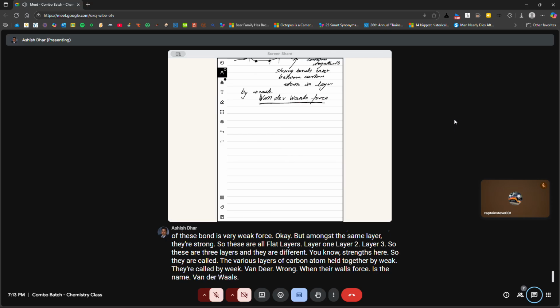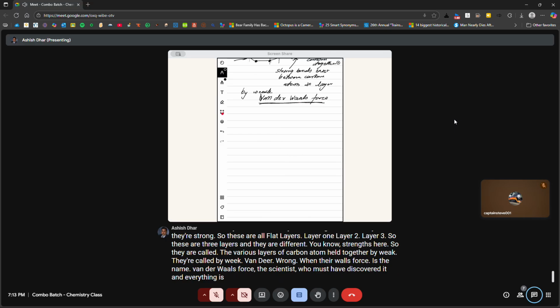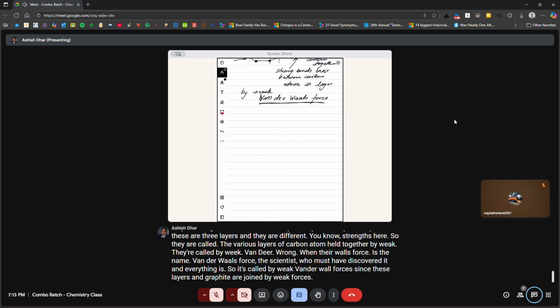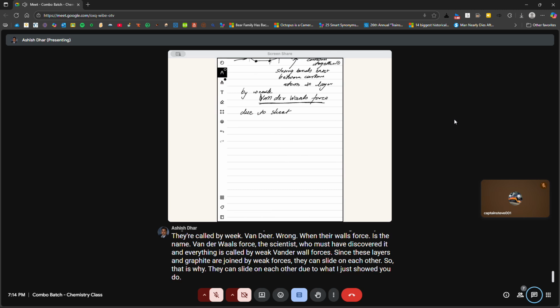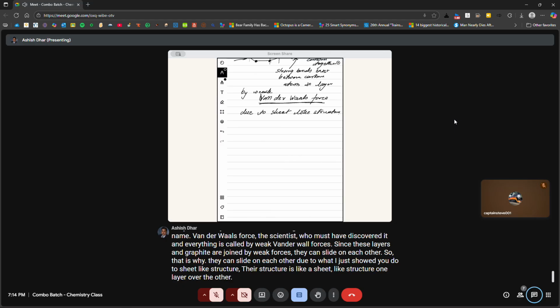The scientist who must have discovered it, so it's called weak van der Waals forces. Since these layers in graphite are joined by weak forces, they can slide on each other. So that is why they can slide on each other, due to the sheet-like structure. Their structure is like a sheet, one layer over the other.